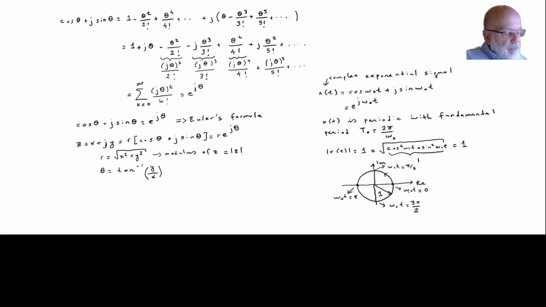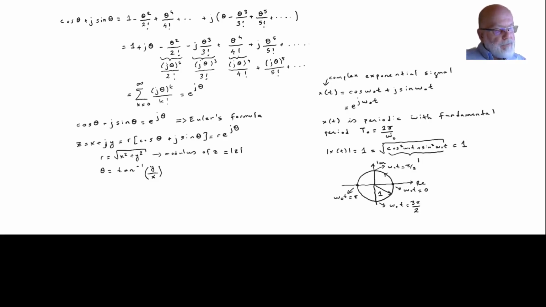And then when omega 0 t is equal to 2 pi, we will be back at the same point, and that's why the fundamental period is 2 pi over omega 0. Okay, so this is the visualization of the complex exponential signal on the complex plane.